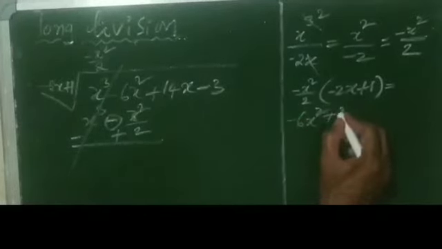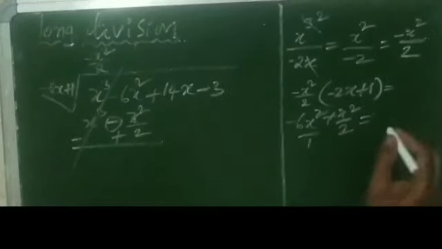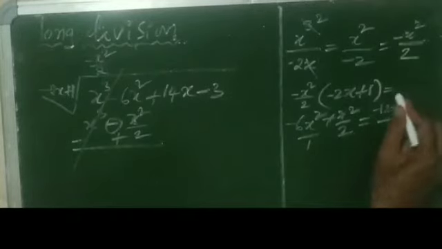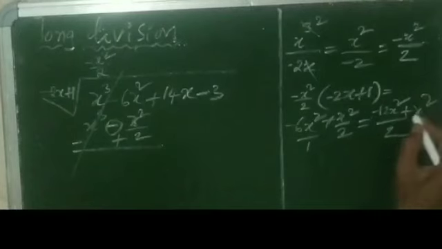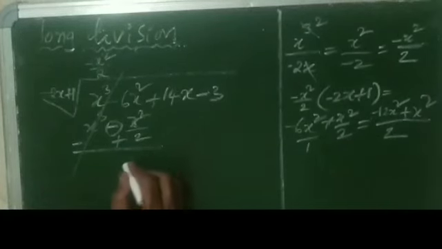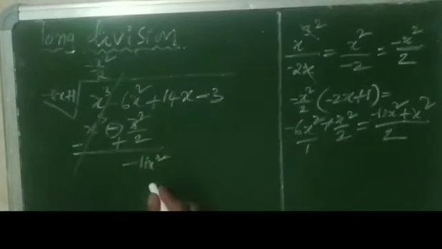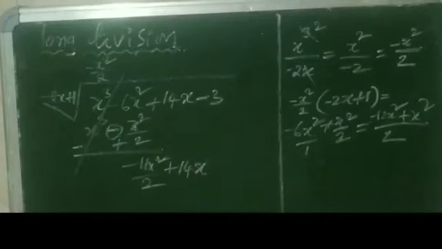Now what is the sum of plus x square by 2 minus 6x square? So LCM is 2. Minus 12x square plus x square, that means minus 11x square by 2. So on subtraction I got minus 11x square by 2.